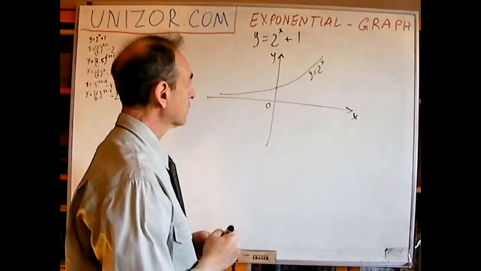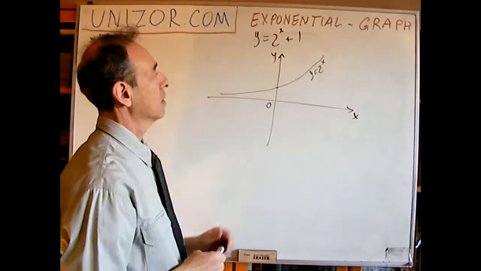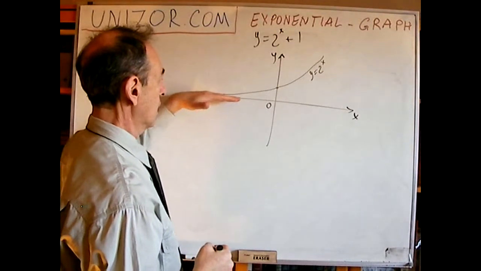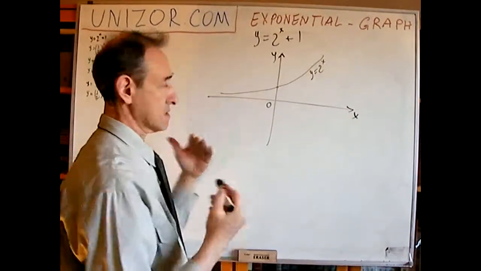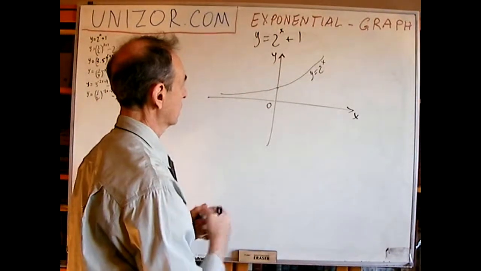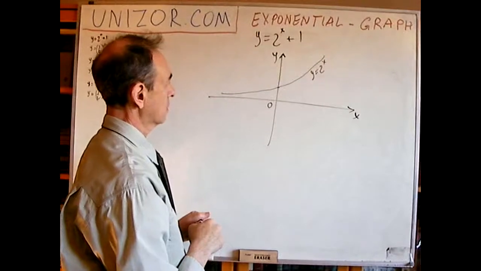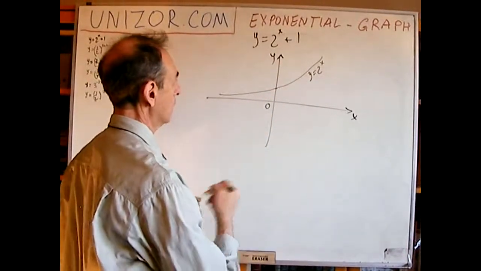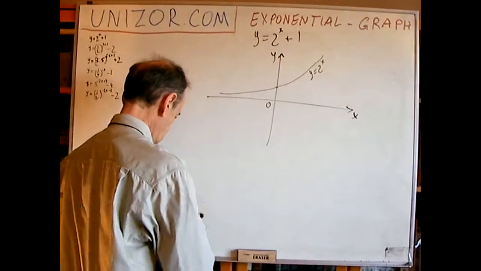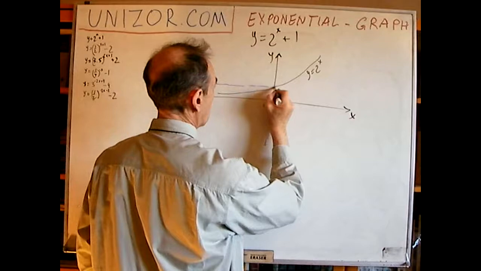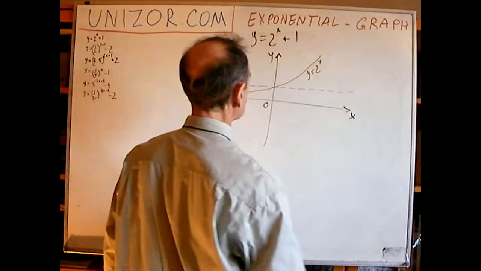Now, how can I transform it to plus 1? Well, very easily. It used to be the x-axis as an asymptotic boundary for this particular graph. So now, since we are shifting everything up by 1, this would be the next asymptote.